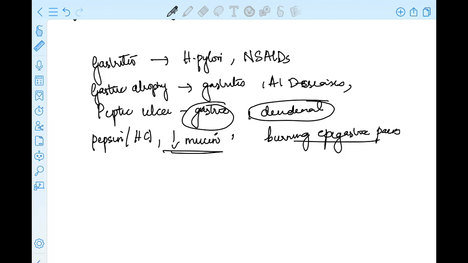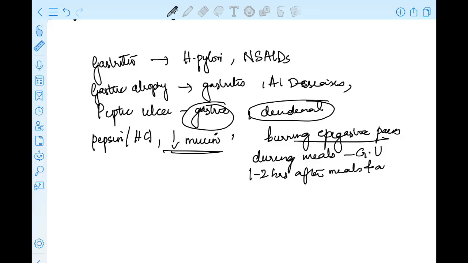Okay, so there is epigastric pain during meals in case of gastric ulcers, whereas there is epigastric pain 1 to 2 hours after meals and at night in case of duodenal ulcer. Okay, so there will be nausea, vomiting, hematemesis. That means there will be vomiting of blood, then heartburn, heart pain, anorexia, weight loss, everything can also be present.